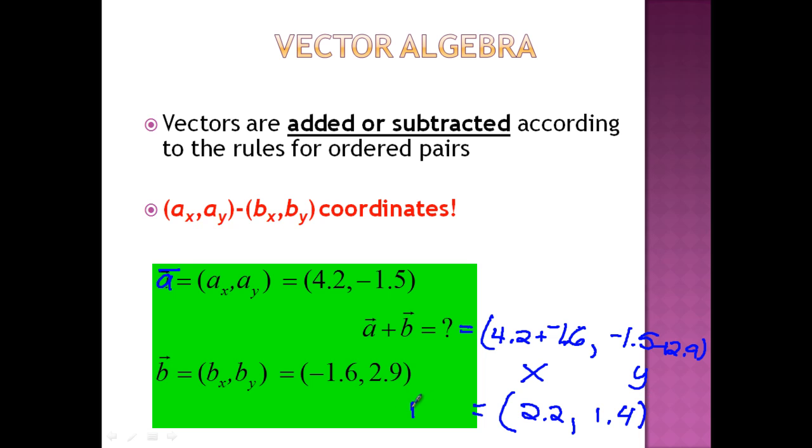Since we're looking for the resultant, it is going to equal this, and we're going to express that as components: Rx, Ry. Here's Rx and here's Ry. Those are the components of our resultant vector.